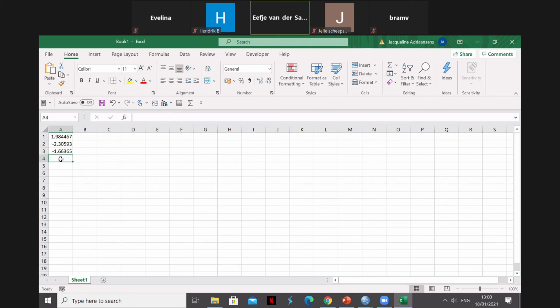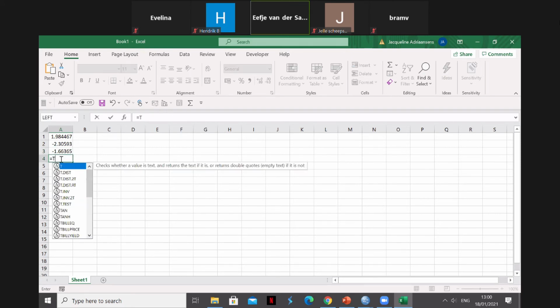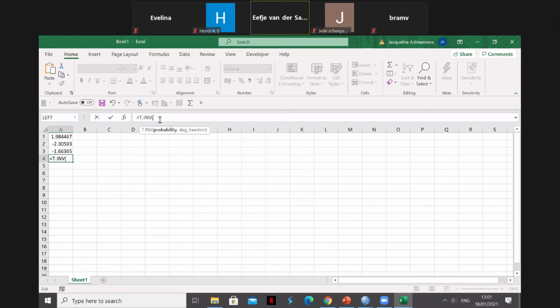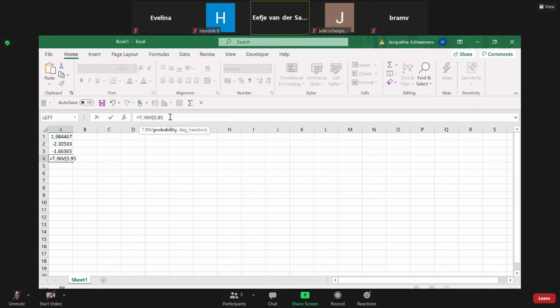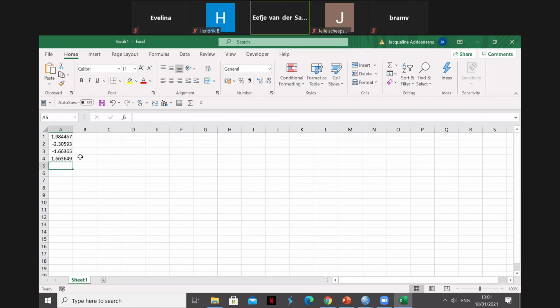You can also do it with T.INV, which is the same. You can also say 0.95 and then 82, but you have to take the opposite, so you have to put the minus in front of it yourself. Because if you have the curve here, this is what you calculate now.